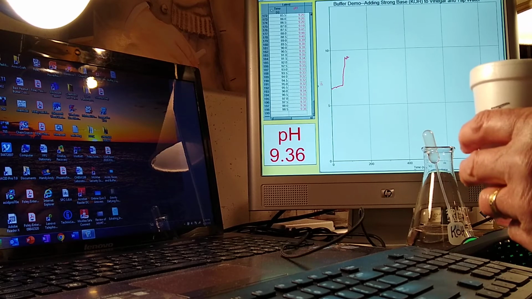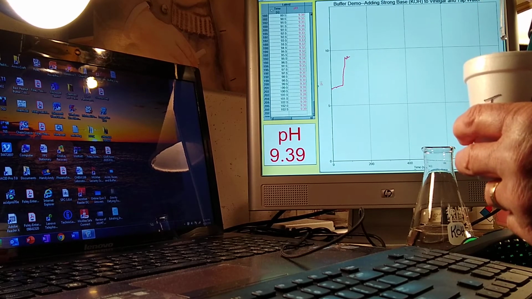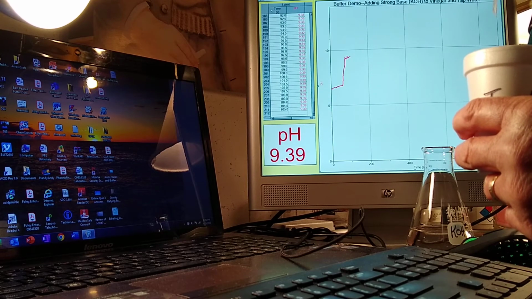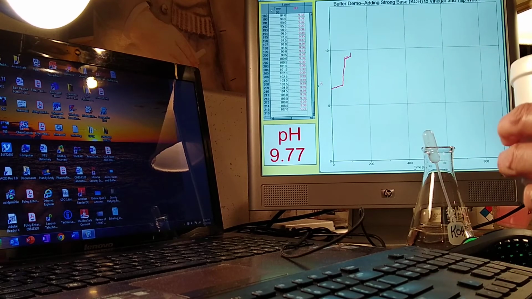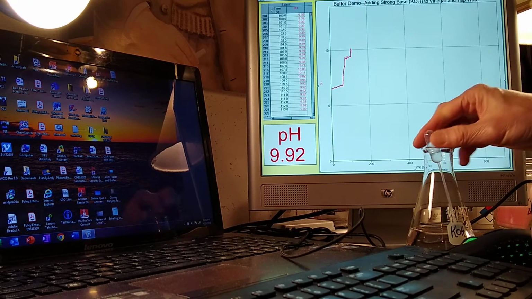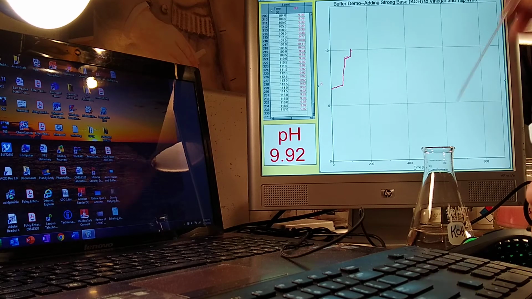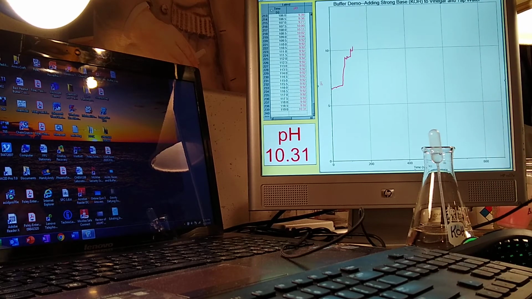So you can clearly see that water does not have any buffering capacity. Adding a couple more drops of base is causing the pH to go almost to the limit. Very, very high. So let me just add about 3 more drops to that and see what happens.